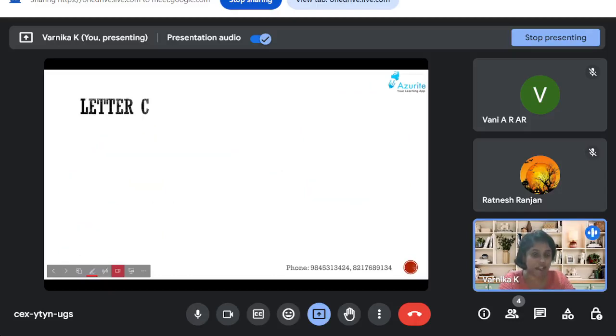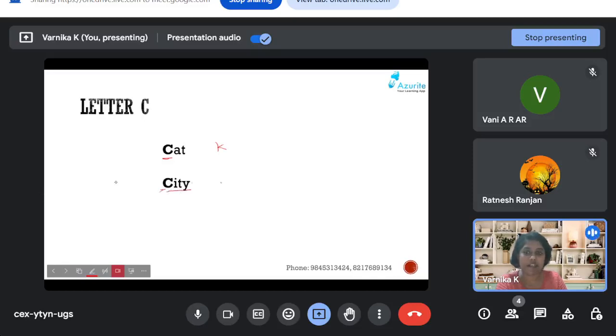So this is an example of seeing different sounds of the letter C. Imagine this word. It is read as cat, right? The letter C is pronounced with the k sound. Then here, this word is read as city.